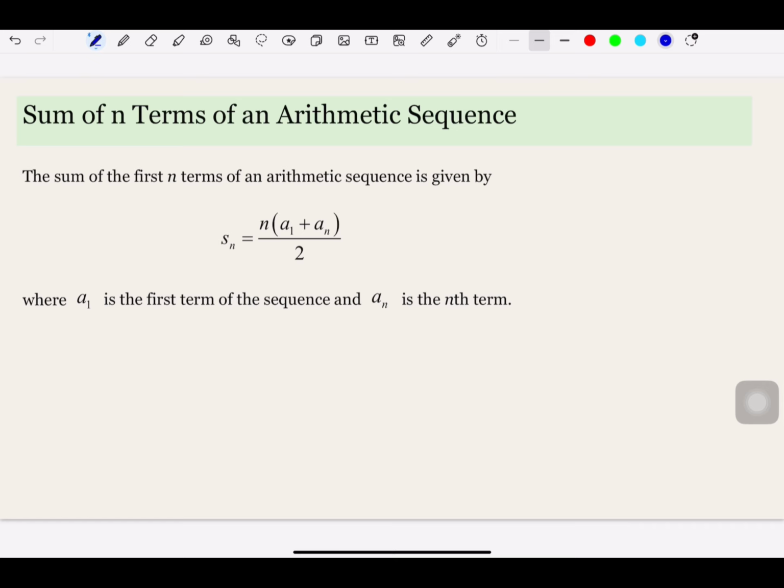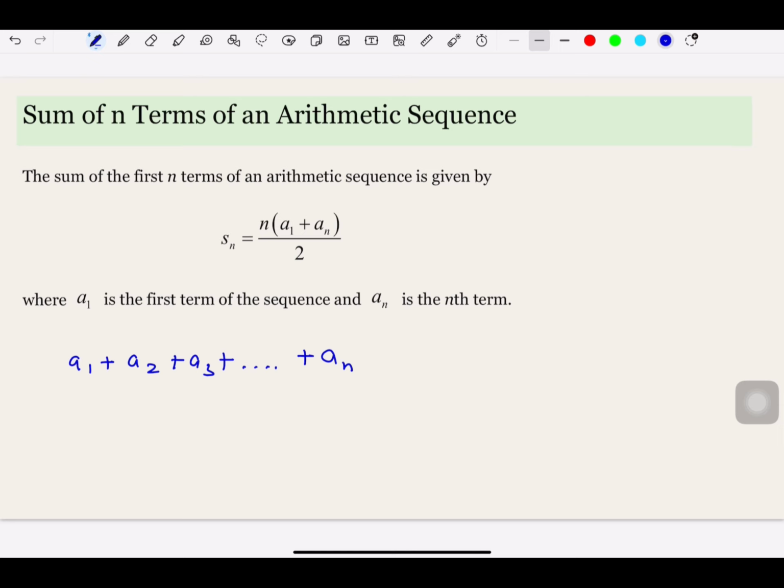So let's say we are given an arithmetic sequence like a series. Let's say we have an arithmetic series like a sub 1 plus a sub 2 plus a sub 3, and we have a few terms in between, and the final term is a sub n.